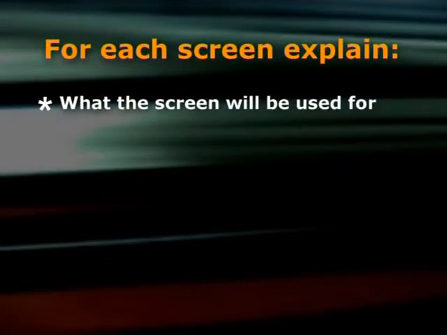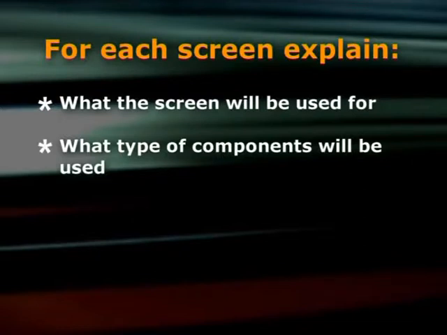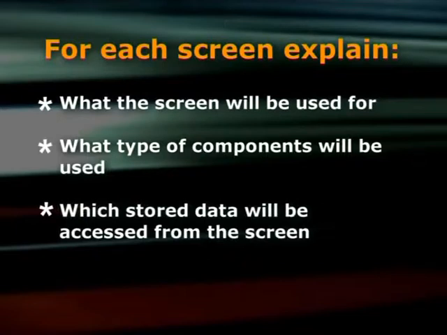Once you've drawn up flow diagrams of every important screen of your PAT program, you're ready to illustrate and explain the intended screens. You have to explain what the screen will be used for, what type of components will be used, which stored data will be accessed from the screen.